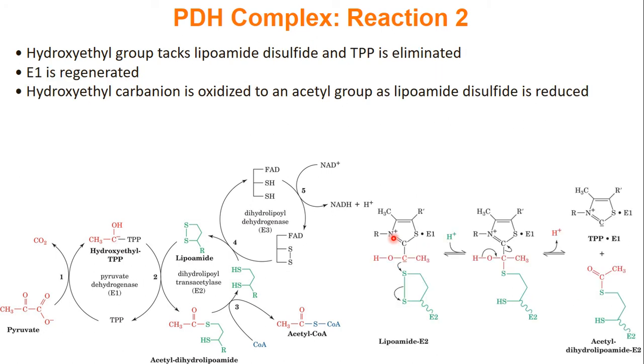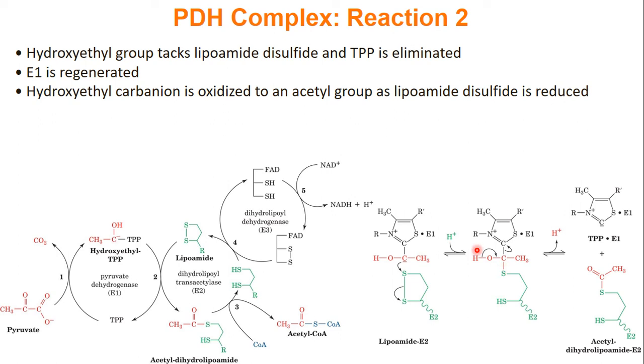What happens is that we get our TPP intermediate from our first reaction, and that's going to attack our cyclic disulfide here, breaking this sulfur-sulfur bond, and we get this intermediate structure right here.